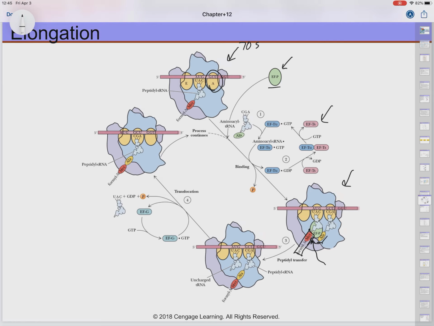And so you'll see that right now N-formyl methionine, F-met, is on the P site, and then down here F-met now you see is in the A site. So it just moved over to the A site.